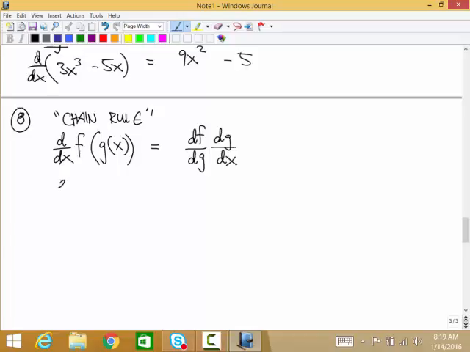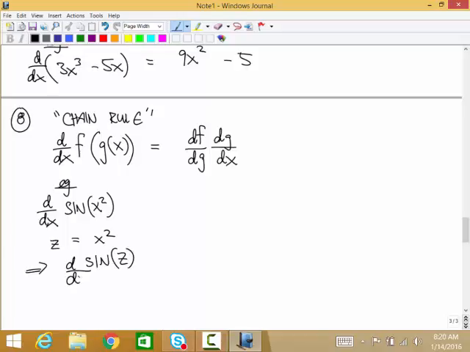So, for example, if you want to take the derivative of sine of x squared, you can think of this like inner function, let's call it z being equal to x squared, and then you have d sine of z dz.